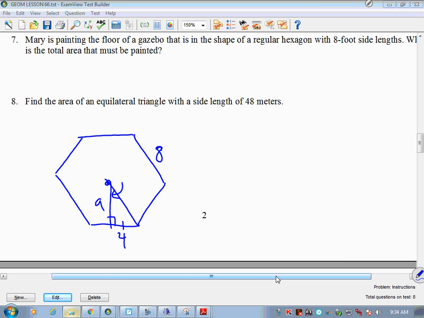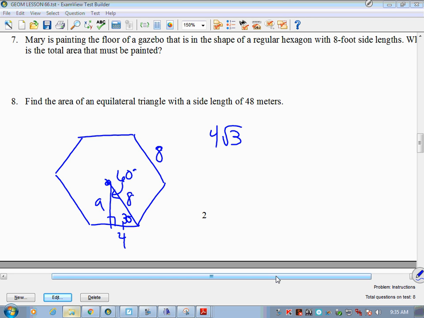What do we know that that angle is going to be because it's a hexagon? 60 degrees, which means this has to be 30, which means I'm working with a 30, 60, 90. Which means what is my apothem? 4 radical 3, because it goes x, 2x, x radical 3. If x is 4, then a is 4 radical 3.